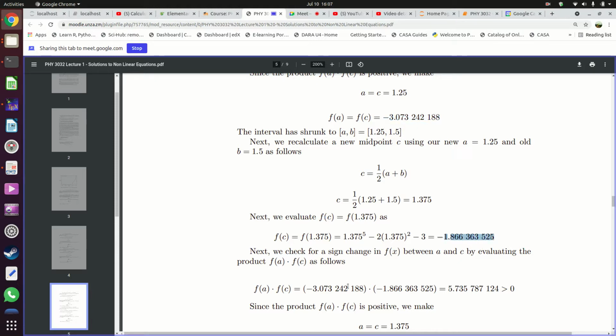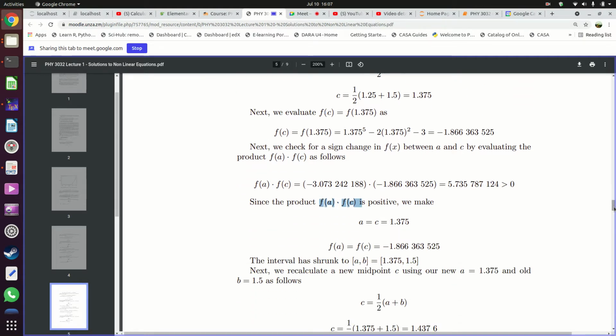It's negative. So when you multiply a negative by a negative number, you get a positive number here, 5.735 something, greater than 0. Since this product is positive, it means that between A and C, there is no answer there. Are we clear?